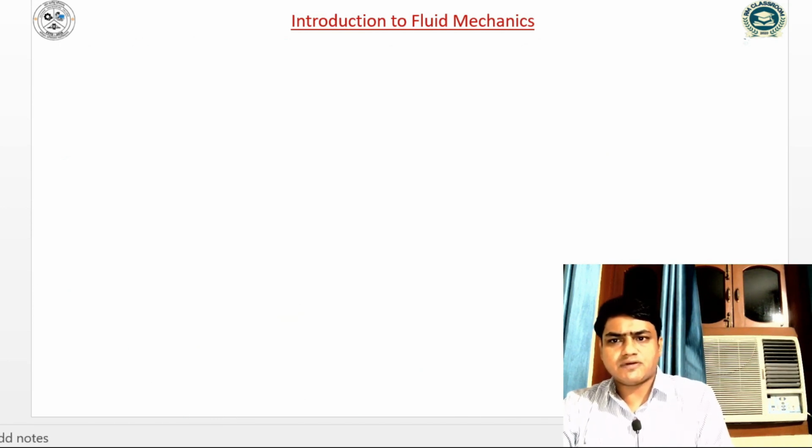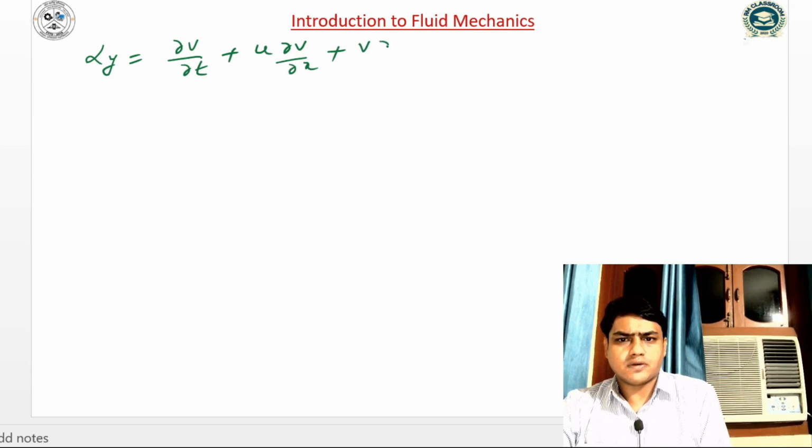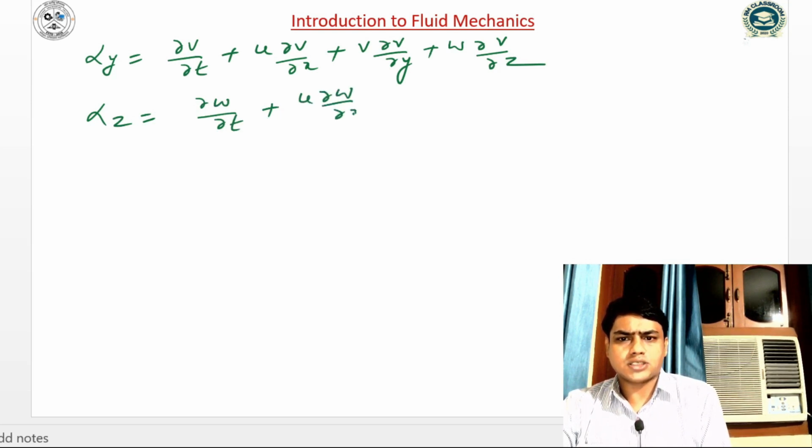Similarly, alpha y is equal to del v by del t plus u into del v by del x plus v into del v by del y plus w into del v by del z, and similarly alpha z is del w by del t plus u into del w by del x plus v into del w by del y plus w into del w by del z.